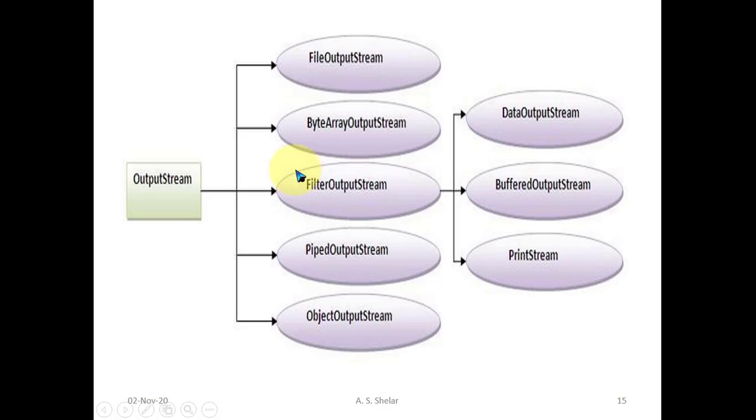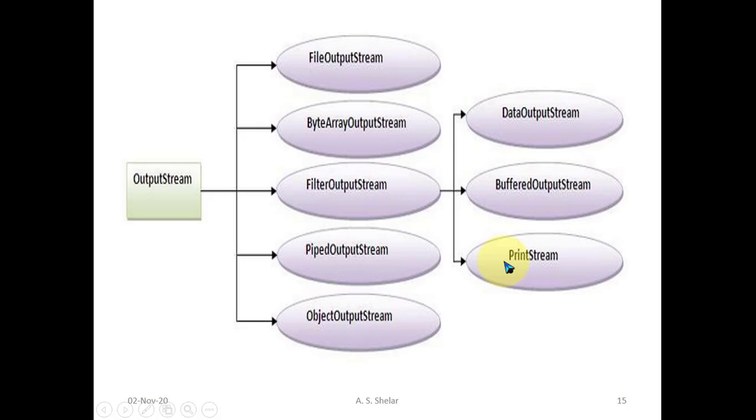So OutputStream is an abstract class, so we are not going to create an object of this. We are using the PrintStream class. We will use the BufferedOutputStream class, and we will use the DataOutputStream class. PrintStream class we are already using because it is the object of System.out.